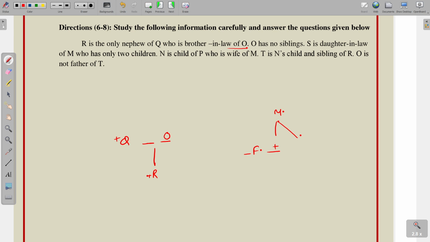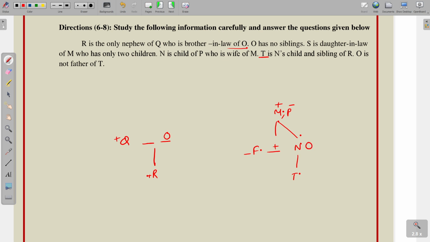N is child of P who is wife of M, so P is the wife of M, it means M is the husband of P. N is child of P, we don't know the gender of N. T is N's child and sibling of R, so T is N's child and also sibling of R. Sibling of R means both O and N are parents. Okay, so both O and N, these two are parents.